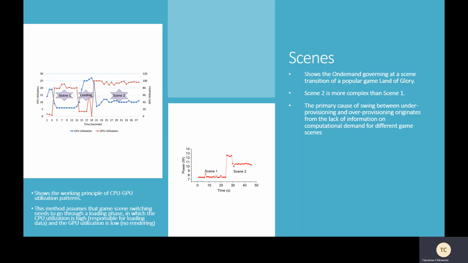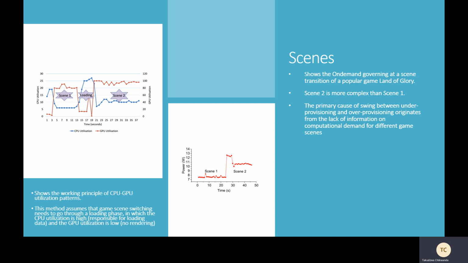Different scenes require different levels of power. As you can see, scene one requires less power, scene 2 requires more power. But there's a problem from 25 seconds to 30 seconds. There's a dramatic change, there's a swing.